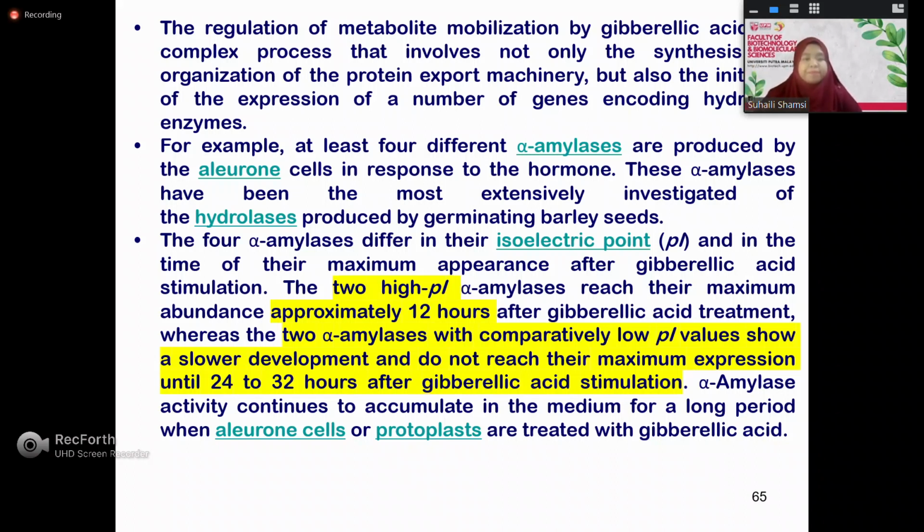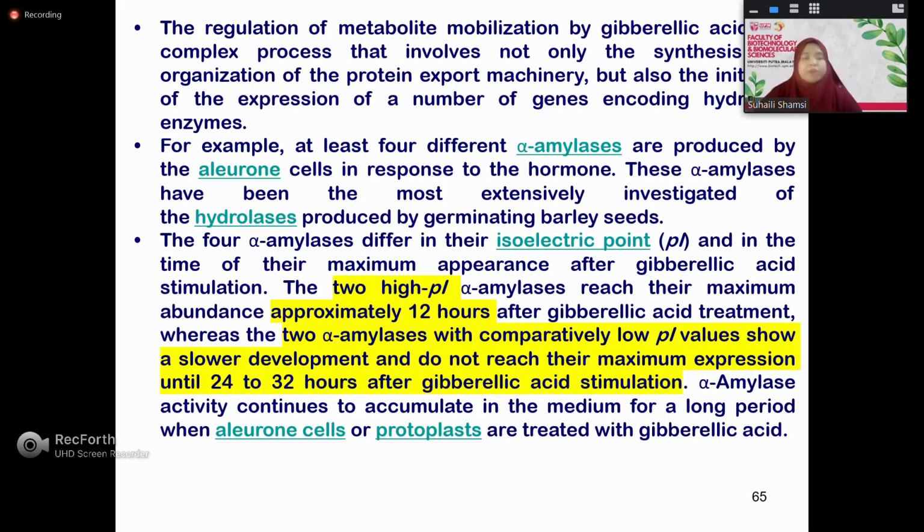So the two high isoelectric point alpha amylases reach their maximum abundance approximately 12 hours after gibberellic acid treatment, whereas the other two alpha amylases with comparatively low PI value show a slower development and do not reach their maximum expression until 24 to 32 hours after gibberellic acid stimulation. So what they are saying here in the statement, there are many alpha amylases that can be induced by gibberellic acid, not just one.